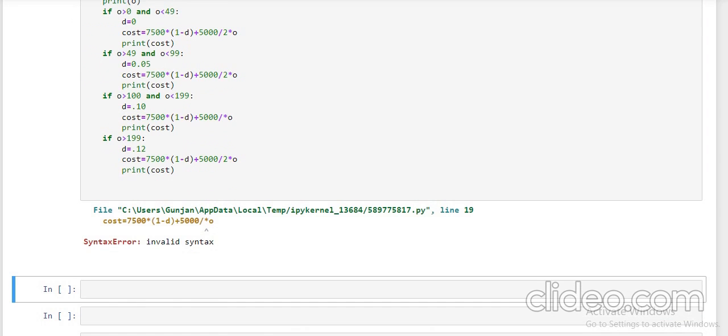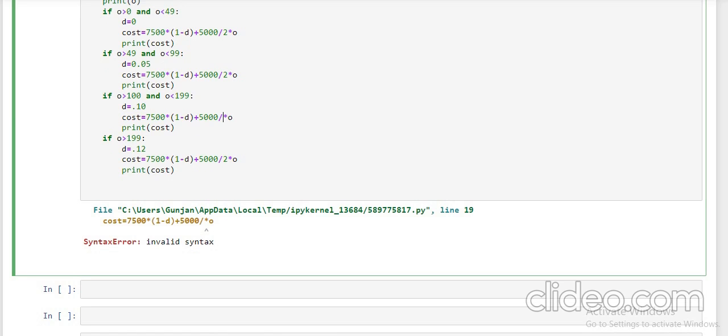So shift enter. Okay, so we have a mistake here, I think. Sorry, right: 7,500 into 1 minus D plus 5,000 divided by O plus 2 times O. Right? No problem, sometimes mistakes happen.